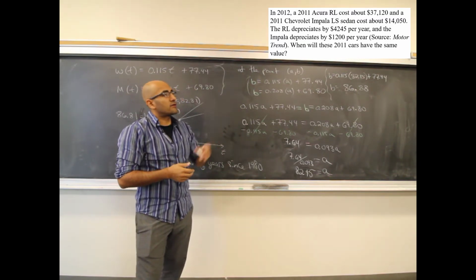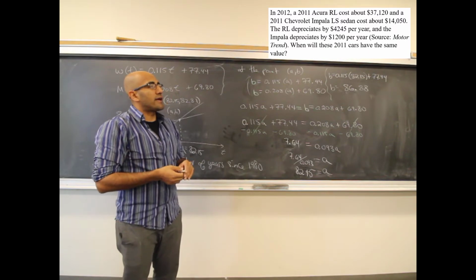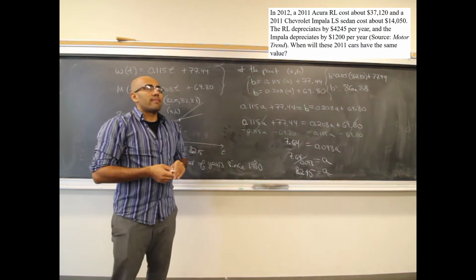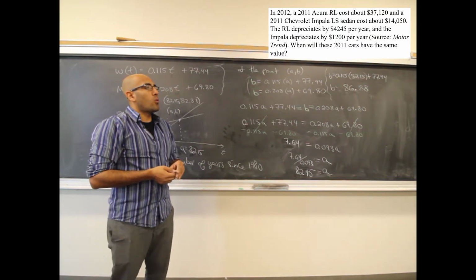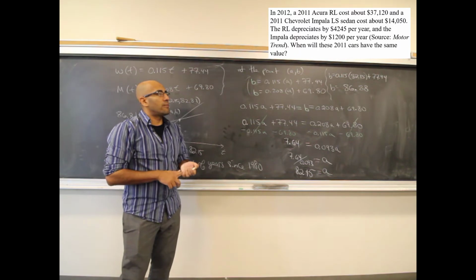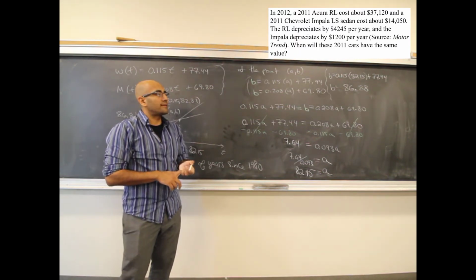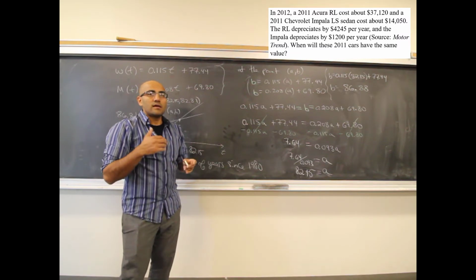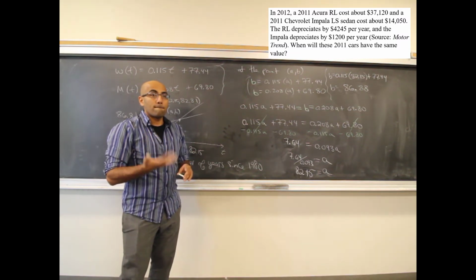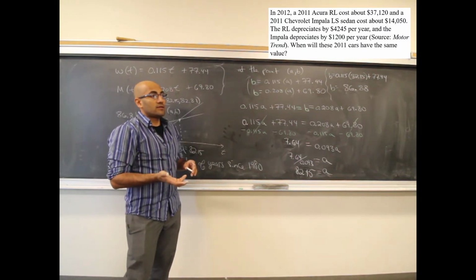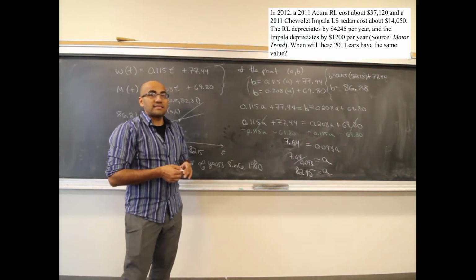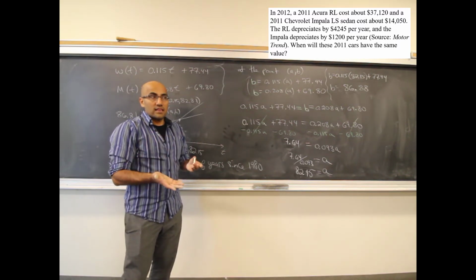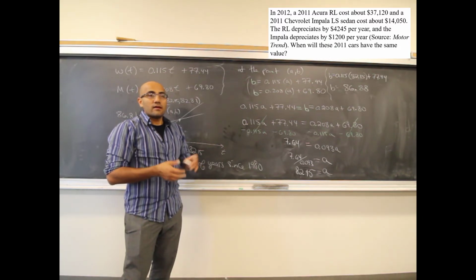And if they're telling you that the RL depreciates by $4,245 per year, that lets me know what kind of characteristic is true about the rate of depreciation, the model that describes the value of the Acura. The model must be, if the value goes down by the same amount every year, then we know that it is linear, right?